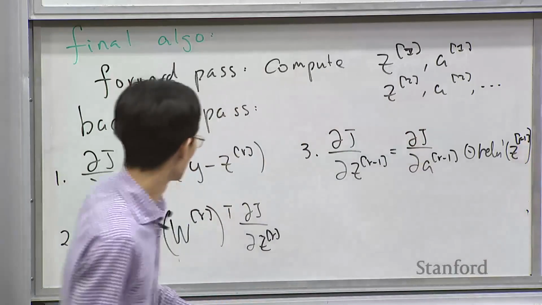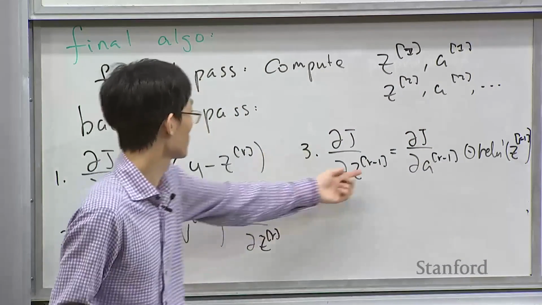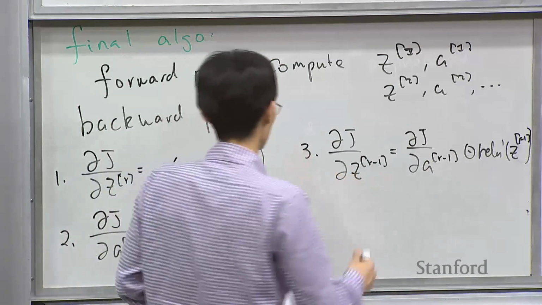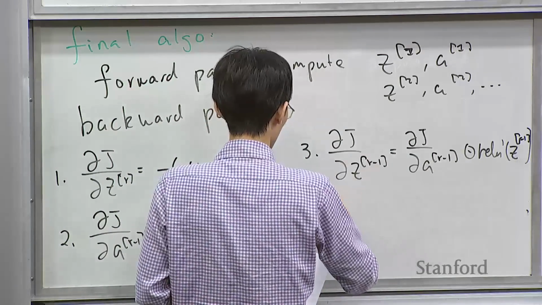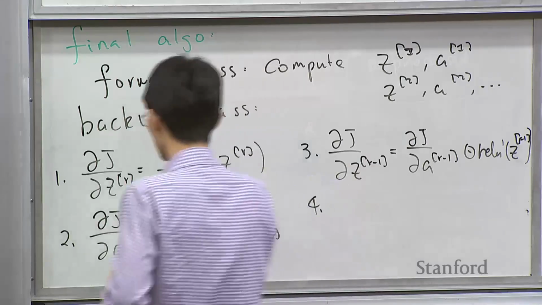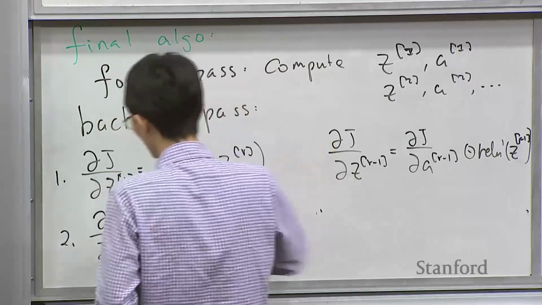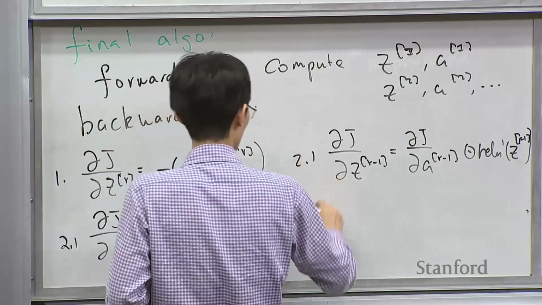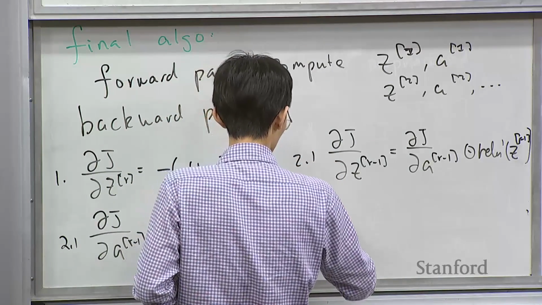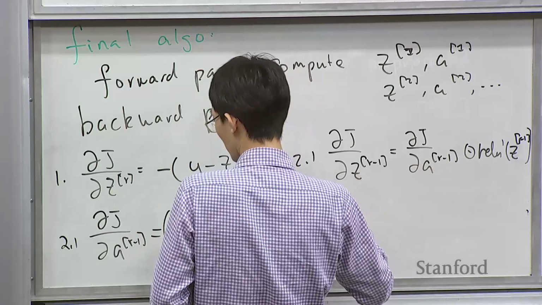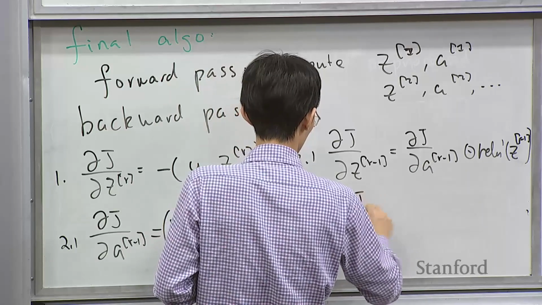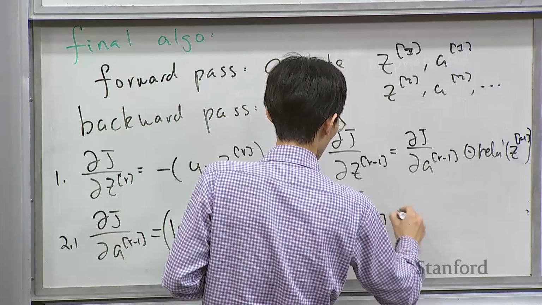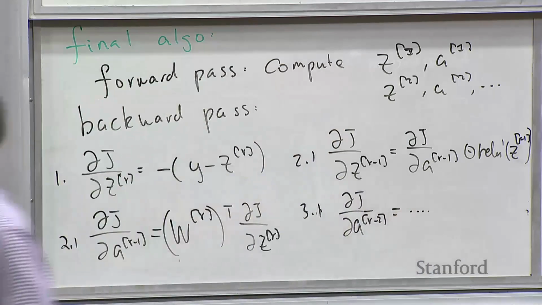Right. So basically, after doing this iteration, you get from r to r minus 1, and then you repeat. Maybe I should number this one by 1, this is 2, 2.1, 2.2, 3.1. In the third round, you get A_{r-2} using this equation.